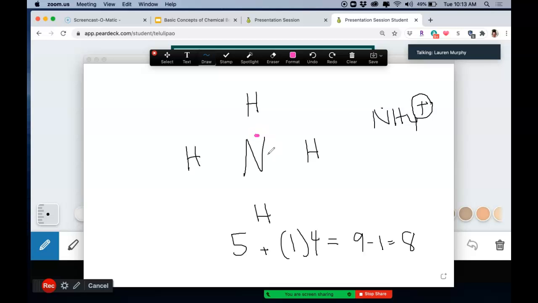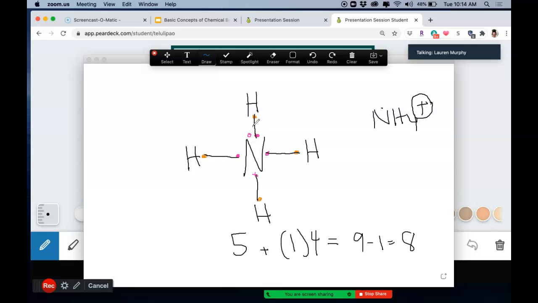Nitrogen has 5 normally. And each hydrogen has 1. So I'm going to bond, bond, bond, bond, and then you see this little loner right here, and I get to take away 1.